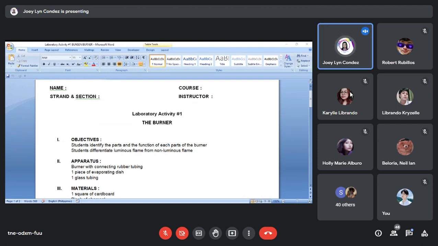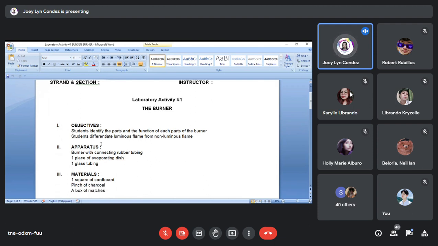Okay, so again, to those who cannot print it, you can copy it in a short bond paper. Just follow the format. This is part of your performance task, so please do not be absent this coming Thursday.